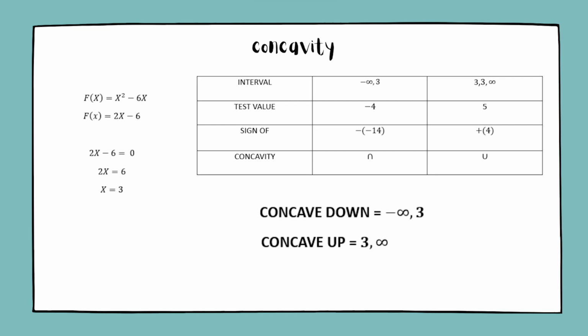But if the sign is positive, it will be shaped like a smile. After that, we can conclude the concave down and concave up. For concave down, it's negative infinity to 3, and for concave up, it's 3 to positive infinity.